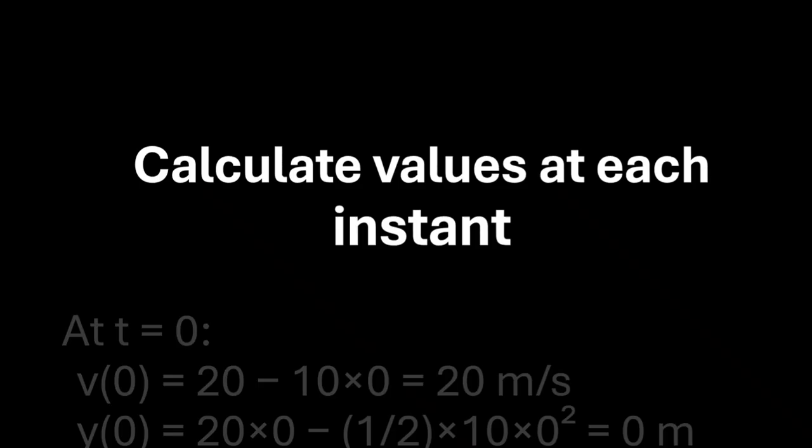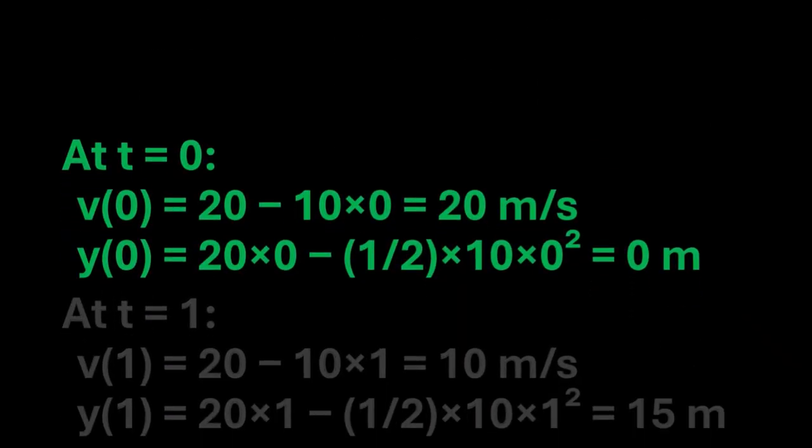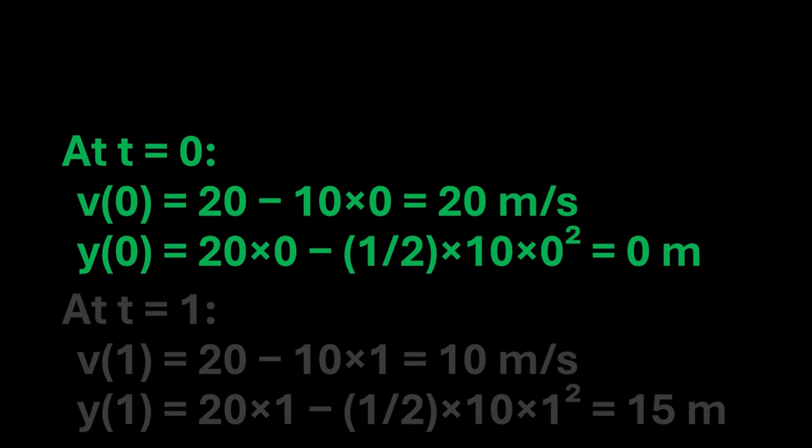Now let's calculate the values at each instant. What do I mean? Say the input is at time t equal to 0. What is v of 0? It is u minus gt. t is 0, so 20 minus 0, it is 20 meter per second.